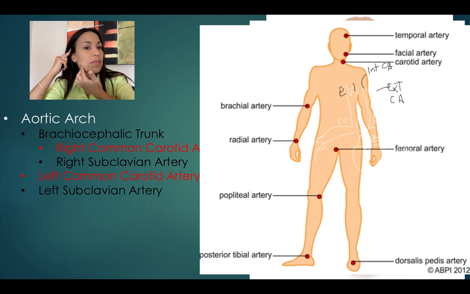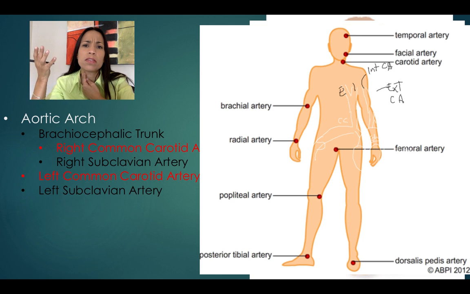Also, the facial artery can be felt here in the margin of the mandible, and in the anterior border of the masseter. The carotid artery can be felt, and we discussed this before in surface anatomy, in the anterior triangle of the neck. Remember?